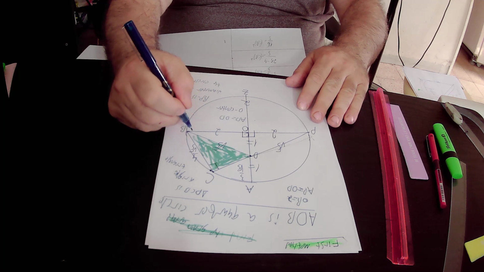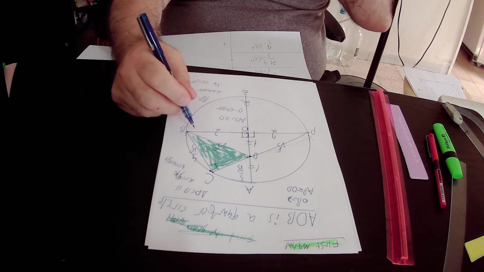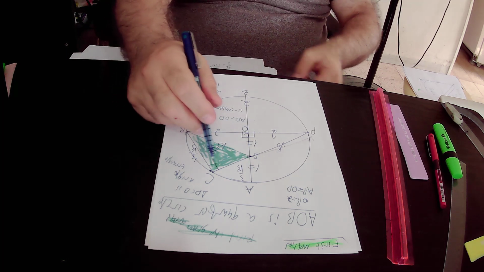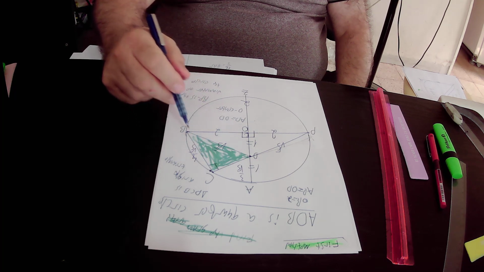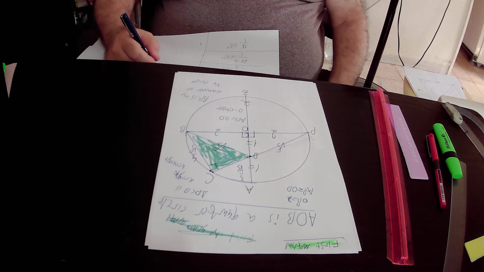Now it is very easy to find the area of the blue right triangle, triangle CDB. It will be equal to the base of the triangle, that is CD, times the height of the base, that is CB, over 2.